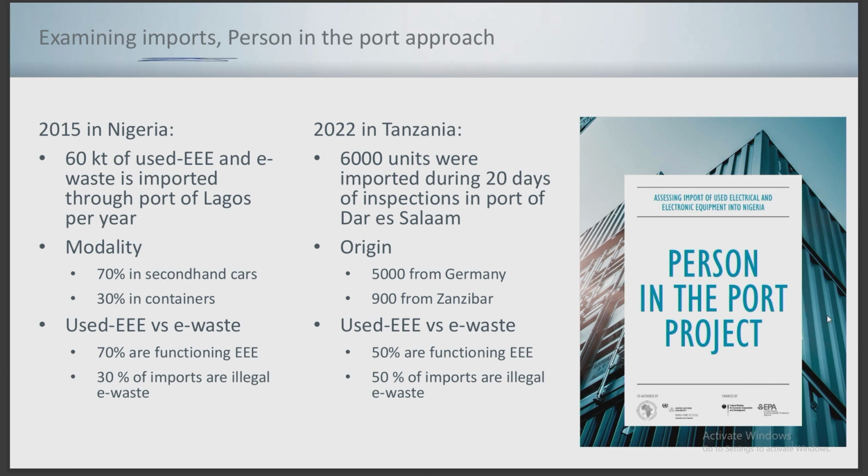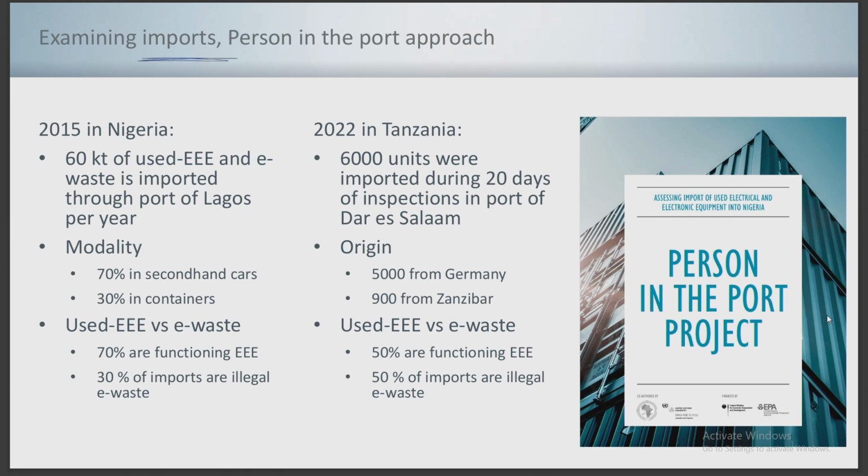Maybe some highlights from those studies is that in Nigeria, 70% of second-hand goods were imported in second-hand cars. So basically, a van or a car, there's some void space. They just also place a microwave, a monitor, or a laptop inside of it, and only 30% in containers.